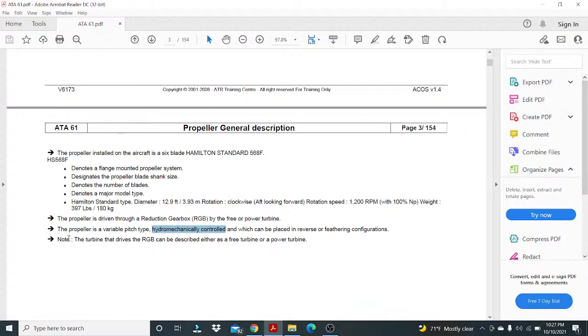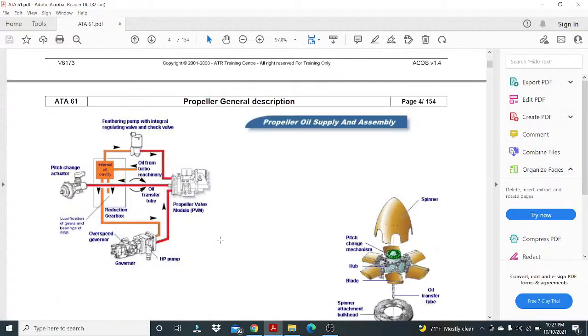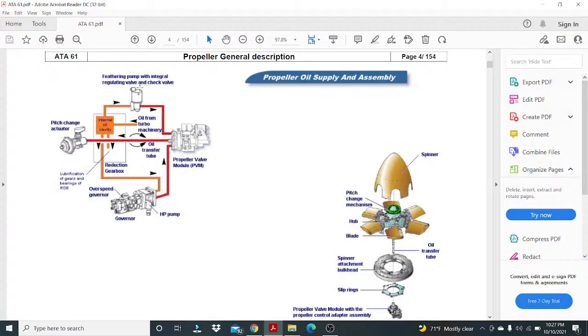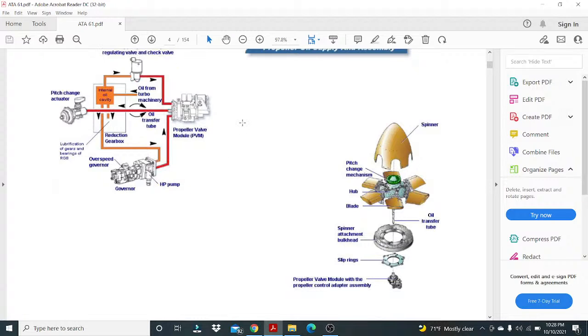The turbine that drives the RGB can be described either as a free turbine or power turbine. Alright. The spinner, this is the spinner, the black one.